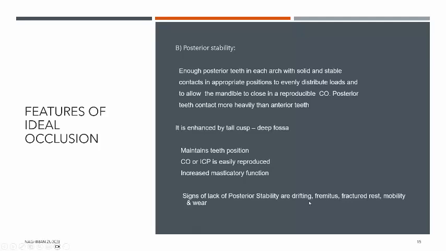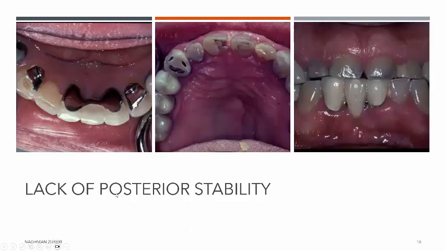That means the teeth are mobile. That is fremitus. Lack of posterior stability, we can see over here, the signs are evident. We have fractured teeth, even wear and tear of the teeth, fractured restorations, etc.